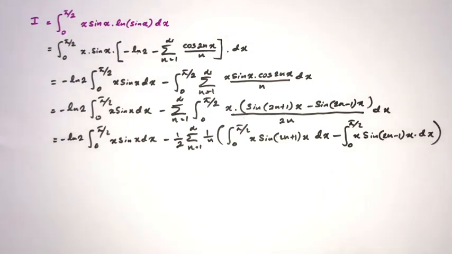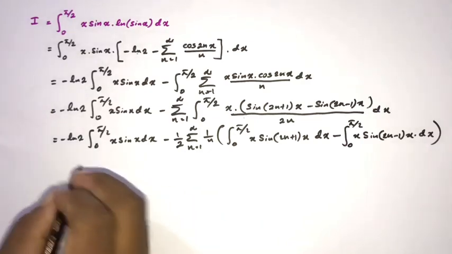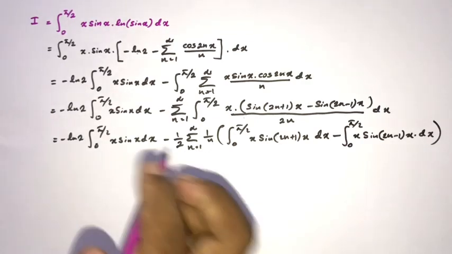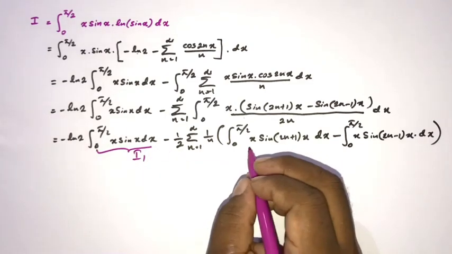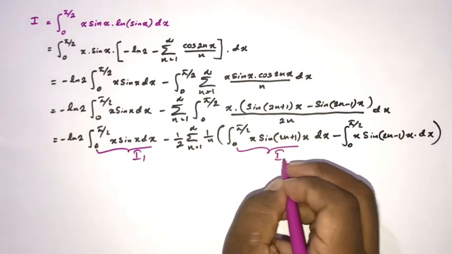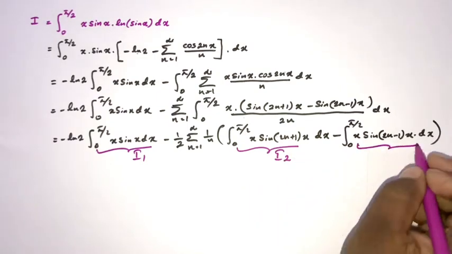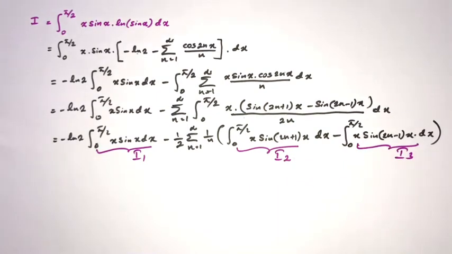Okay, then we can call this integral I1, this integral I2, and this integral I3. Now we have three different integrals.